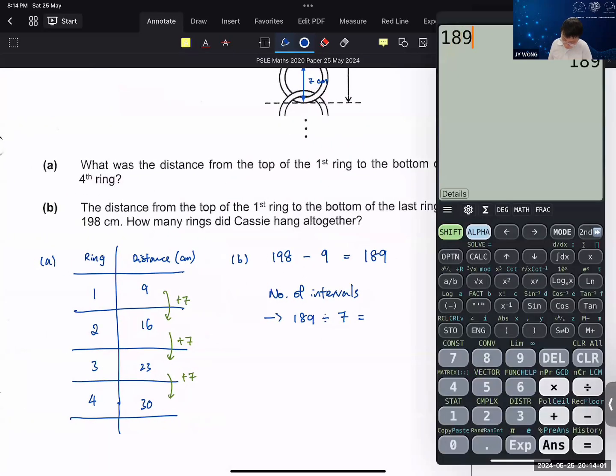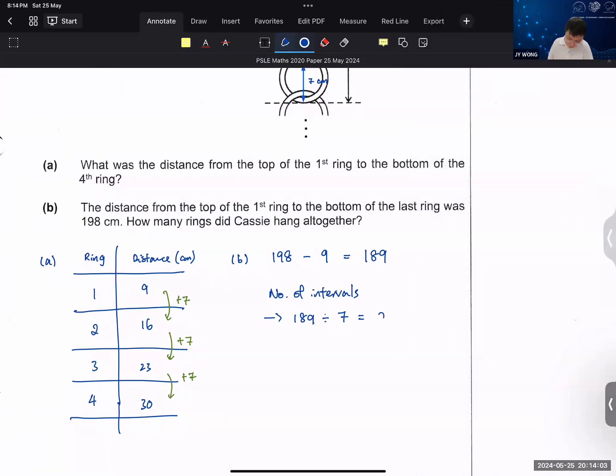So 189 divided by 7 gives you 27. But remember that this is not the number of rings. This is the number of intervals. You know that to find the number of rings from the pattern, you need to plus 1. Some of you don't like to do it this way. Instead of minusing, you like to add, then you divide.